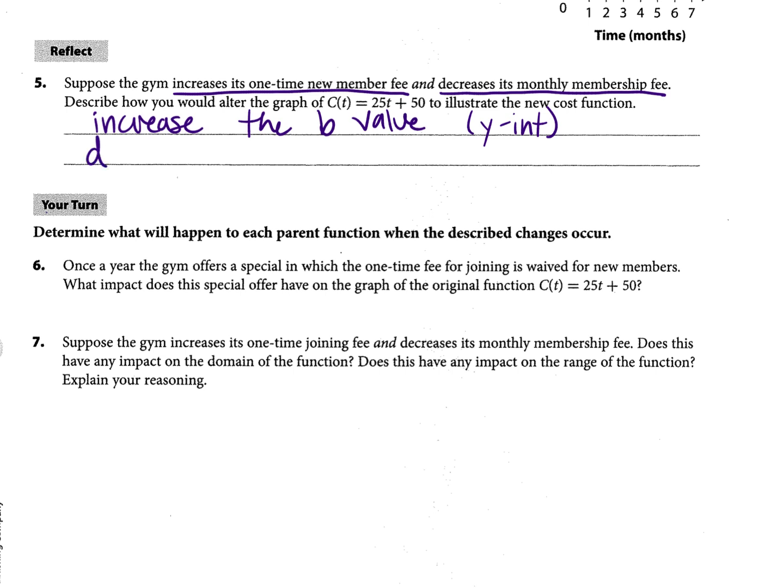So we need to decrease the slope, also known as m. And that would make it less steep if they decrease the membership fee.